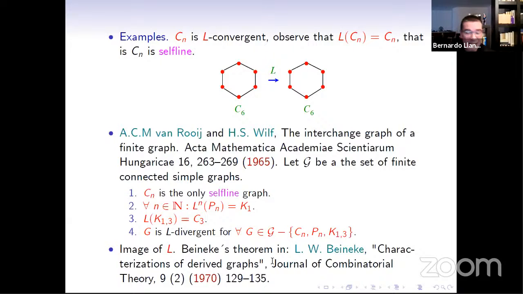And this is a nice proof, everything. It appears in this paper. Here, derived graphs are just line graphs. At that time, in 1970, the derived graph and line graph were the same terminology.